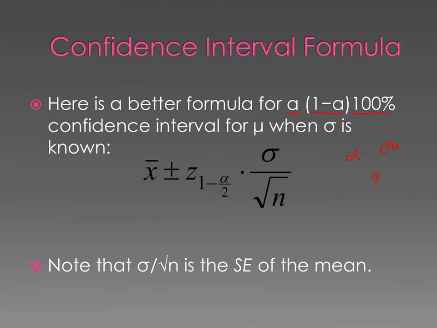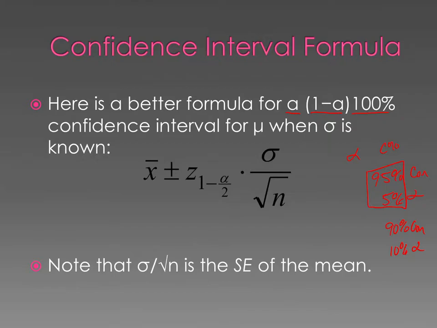If you have 95% confidence in something, that is a 5% alpha level. These two always together are going to sum to 100% or 1. They are inversely related to each other. So if you had 90% confidence, then you would have a 10% alpha level, and so on and so forth.